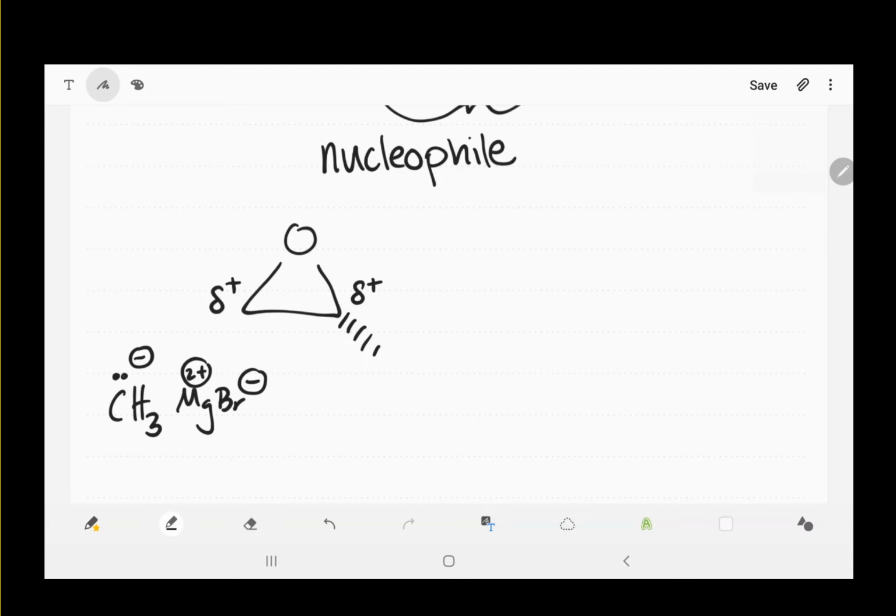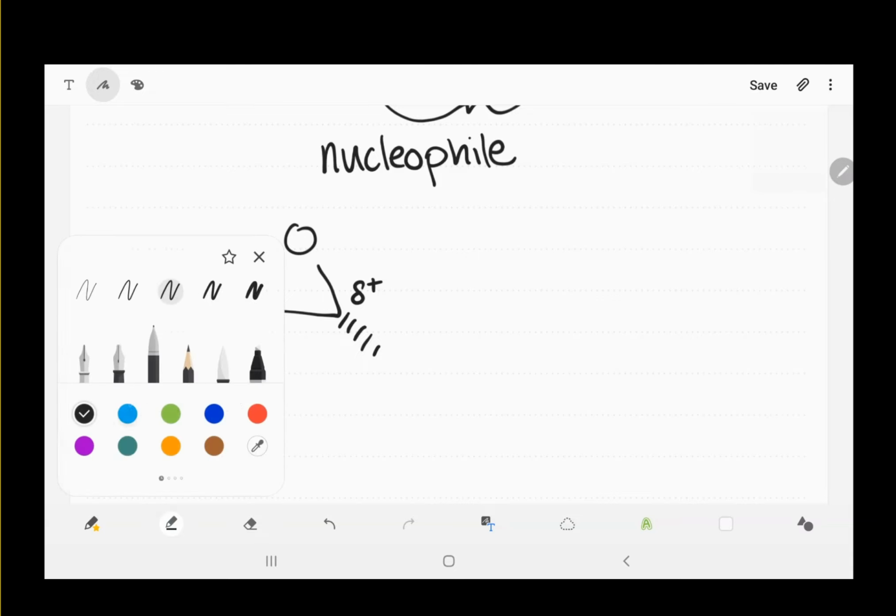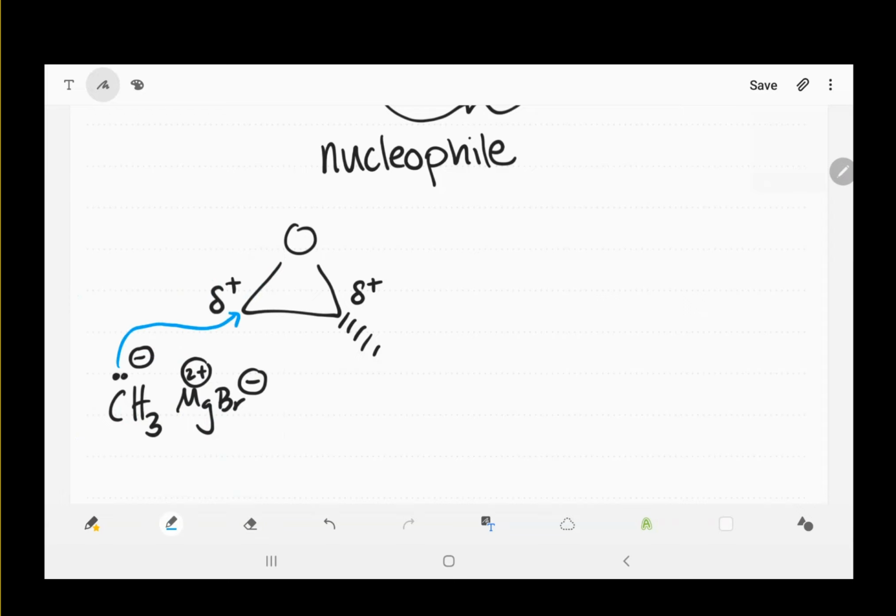I'm negative. I'm going to go ahead and attack. So it's going to latch itself onto that carbon that's slightly positive, because the positive and negative attract each other, right? And as a result, it's going to break that CO bond.